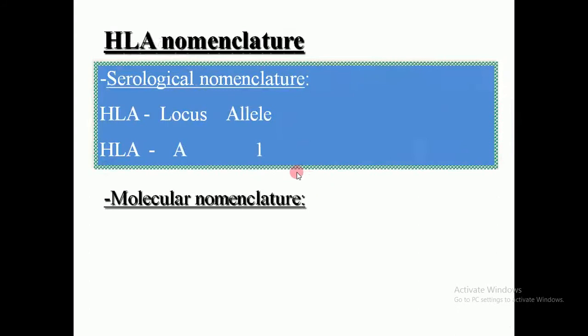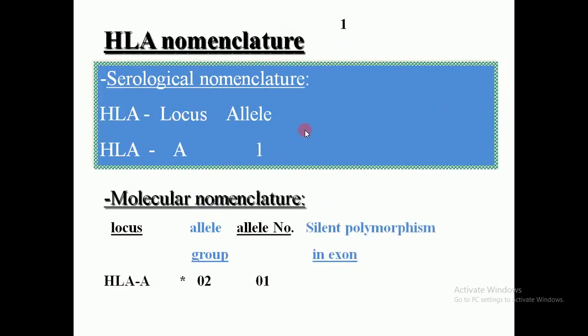Now we have a new subject, HLA nomenclature. How can we name the HLA typing? According to the method we used in the test, in serological nomenclature, this is the HLA, and this is the locus, and this is the allele. While in molecular nomenclature using DNA typing, this is the locus, and we put a star.